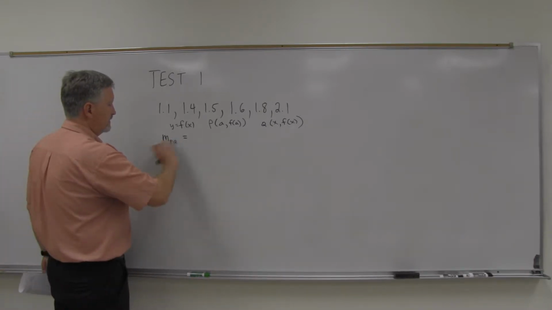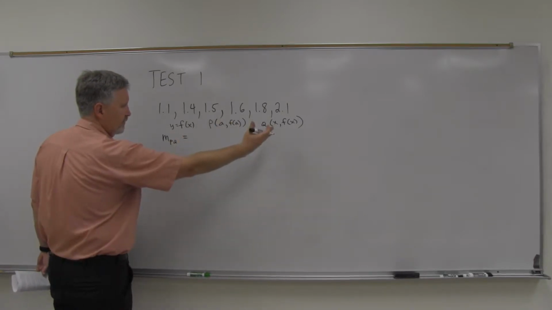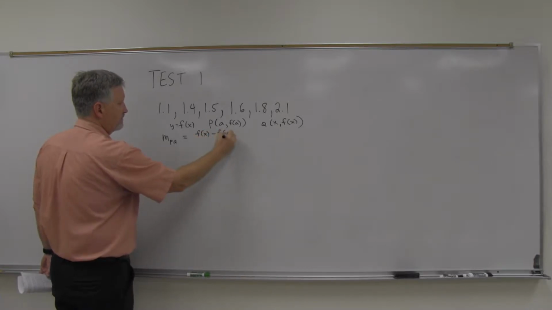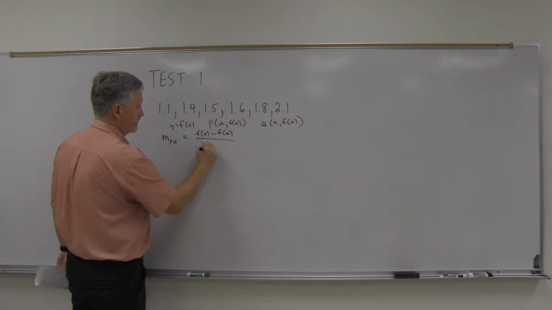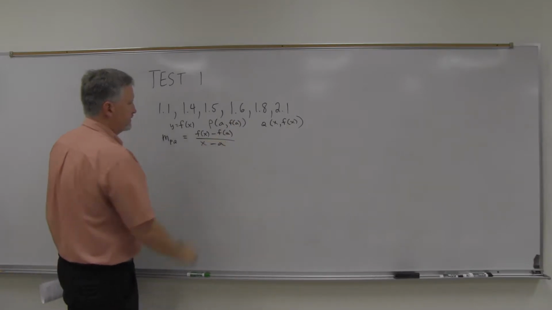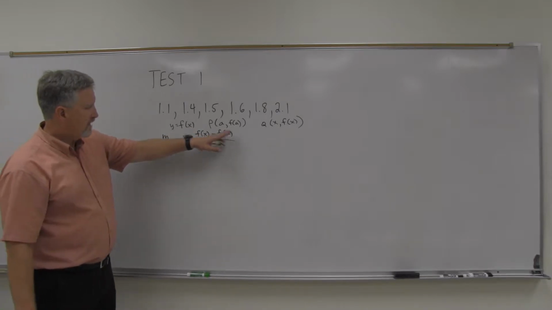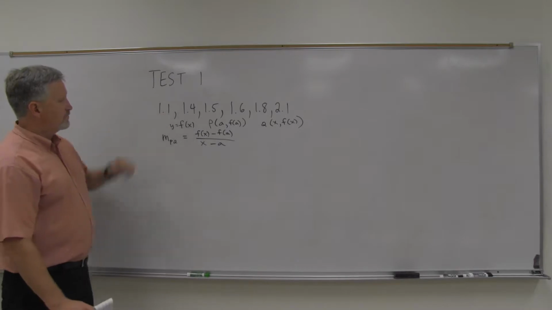But yeah, this slope formula is just the difference of your y's over the difference of your x's. I usually have you write out, I'll have a particular function, but whatever the f of x is minus f evaluated at a, over x minus a. So that's what 1.4 was.